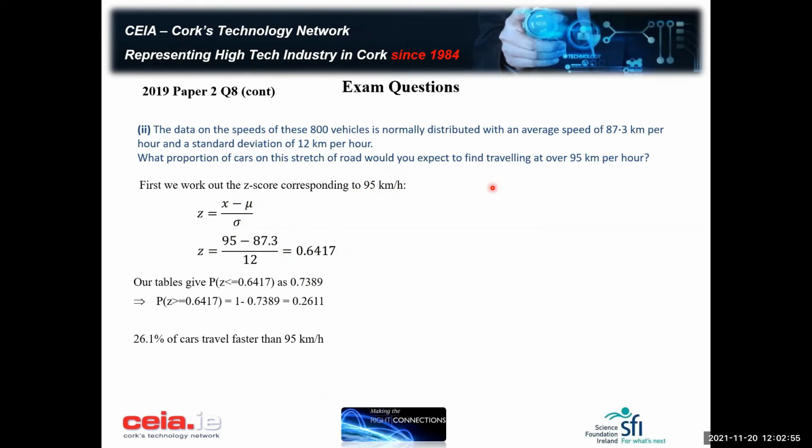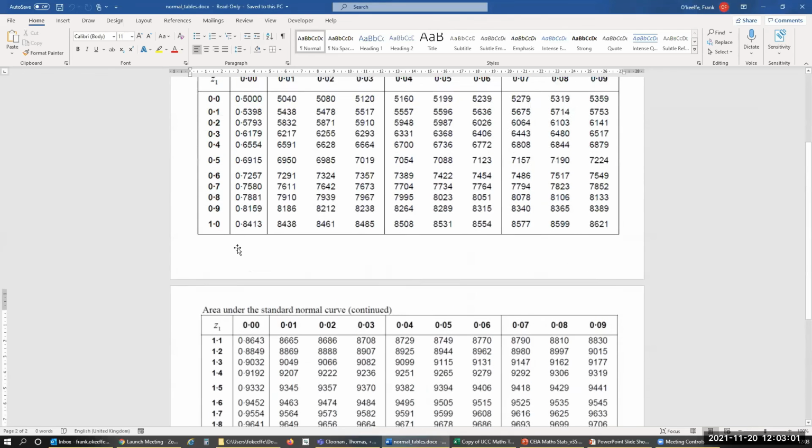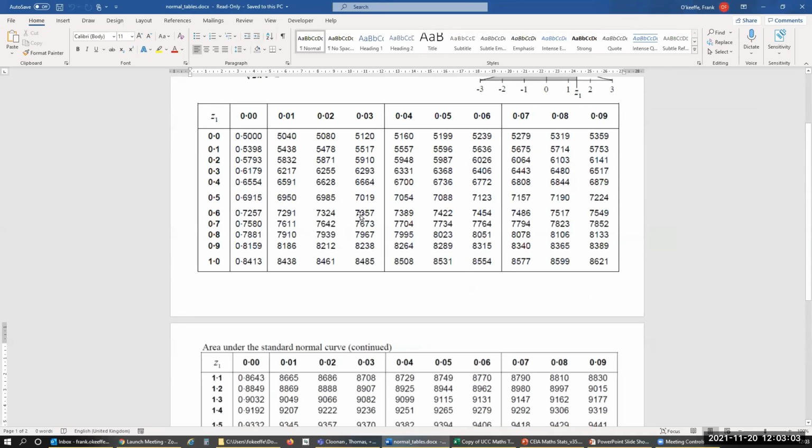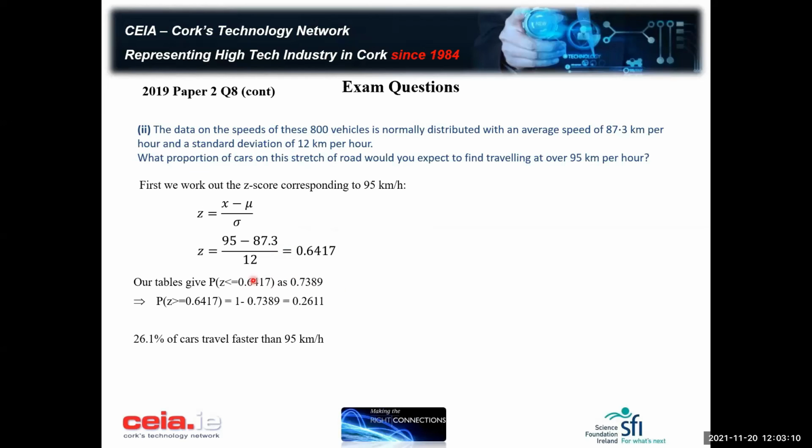What proportion are traveling over 95 kilometers per hour? Well, the table will tell you for a z-score of 0.64, 0.7389, but that's the number that are going slower. That's the probability of being less than this z-score.